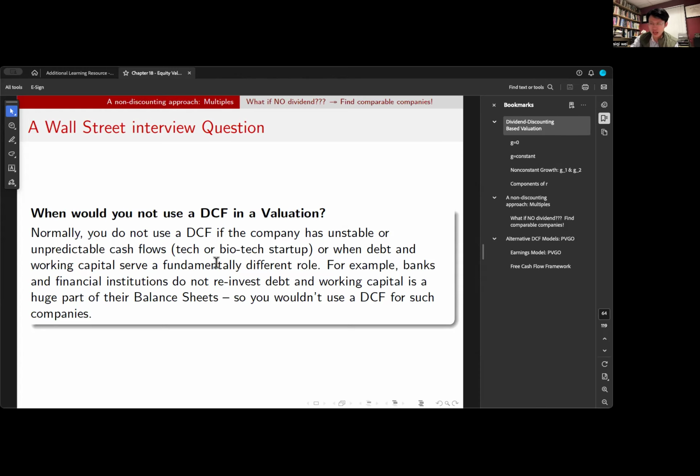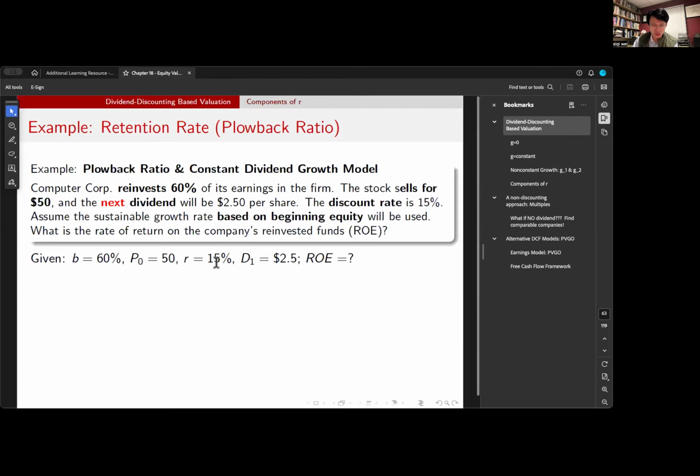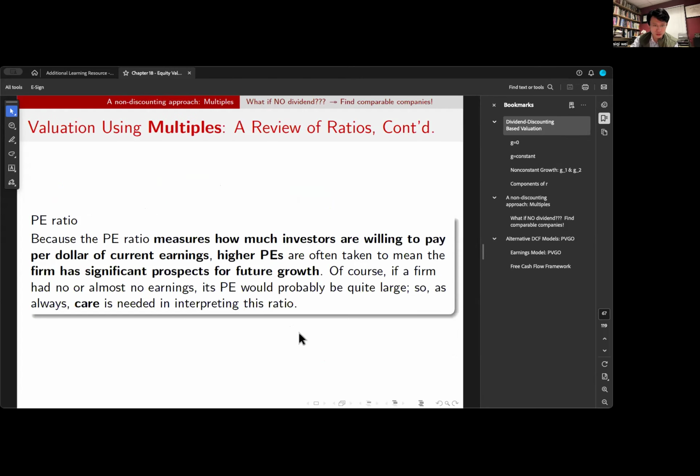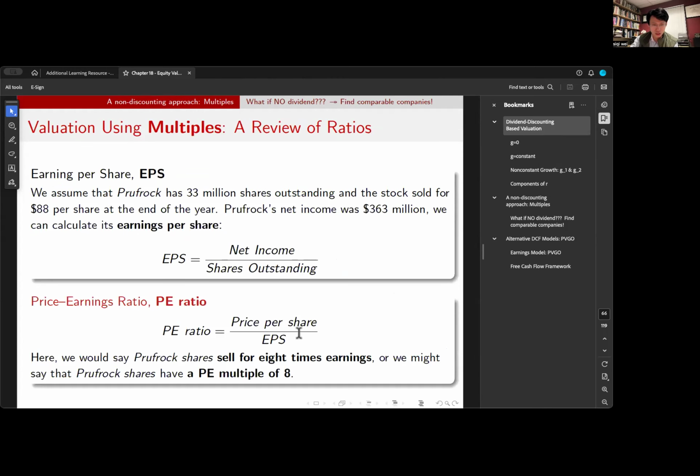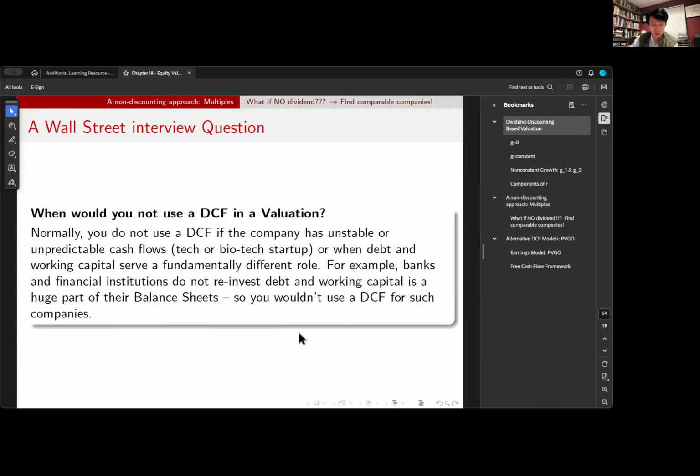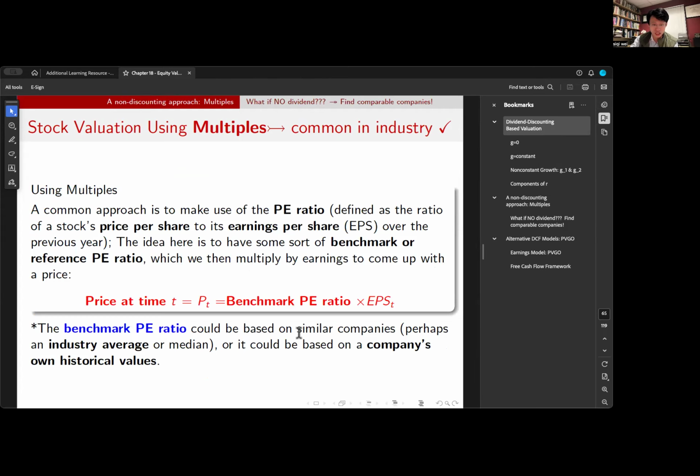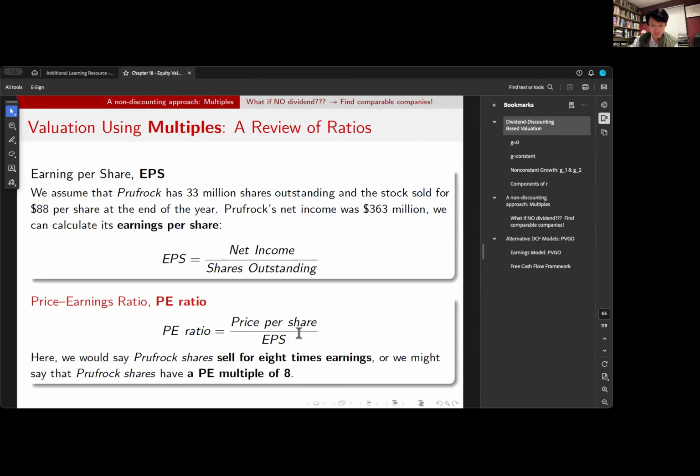Now, if we do not have the input, we can use the financial multiples. Okay, to do that, we need to get the idea of PE ratio, price earning ratio, which is the ratio of price per share over the EPS. The EPS is net income divided by the number of shares outstanding.